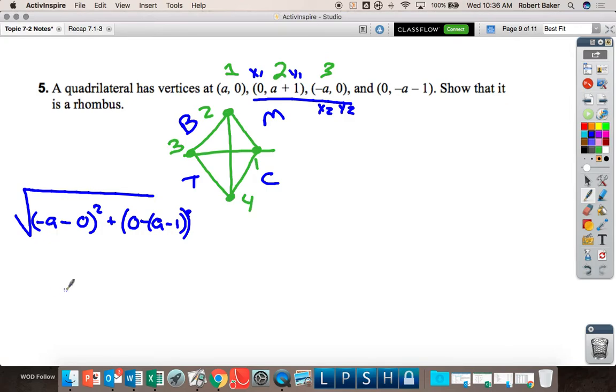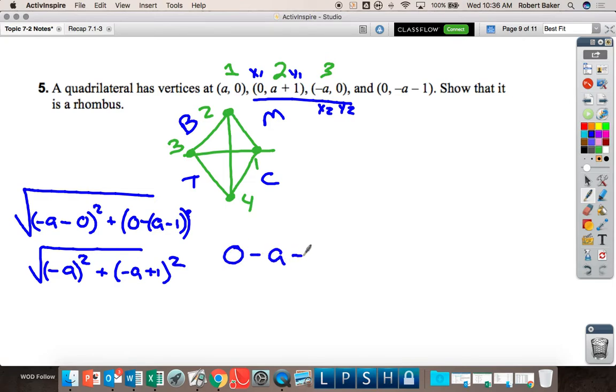So negative a minus 0 is negative a. 0 minus a minus 1 would be negative a plus 1 squared. Because I have 0 minus a minus 1.